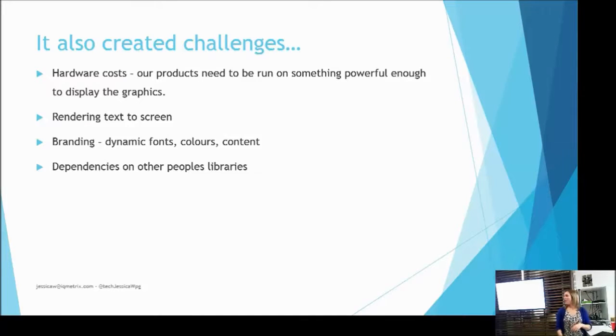But yeah, branding was going to be a trick: dynamic fonts, colors, and content. Usually in a video game, all the images and assets are already pre-made and bundled up, and they know what their characters are going to look like. We don't know what people are going to put on their screen or what images they're going to set for their products.